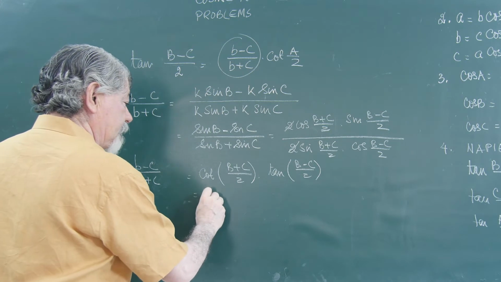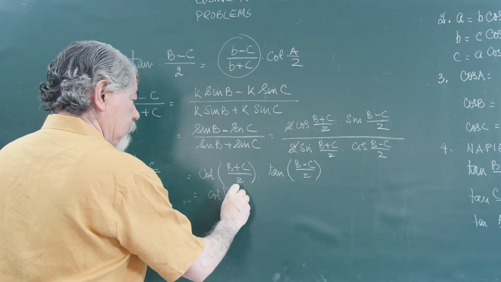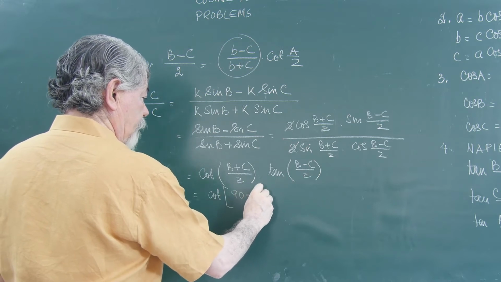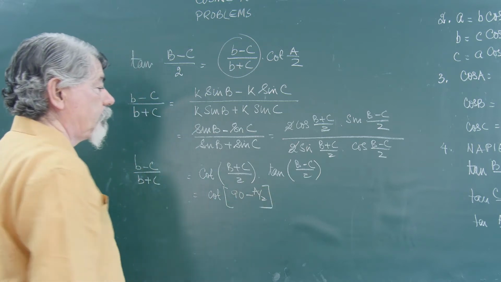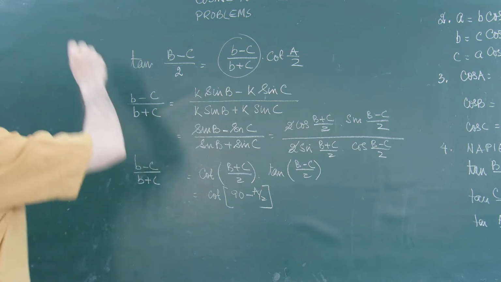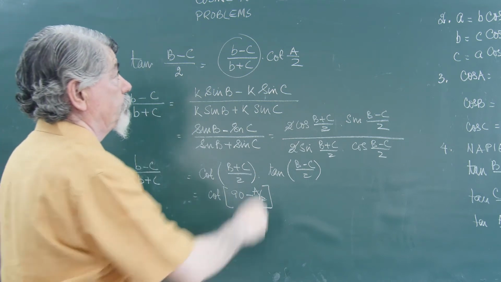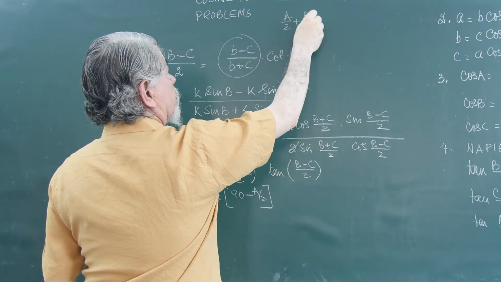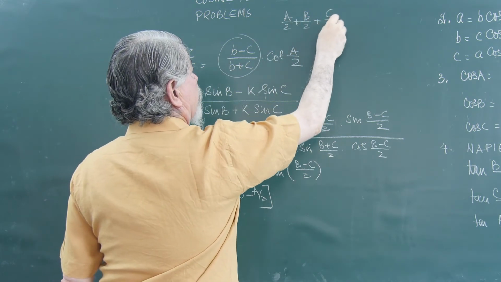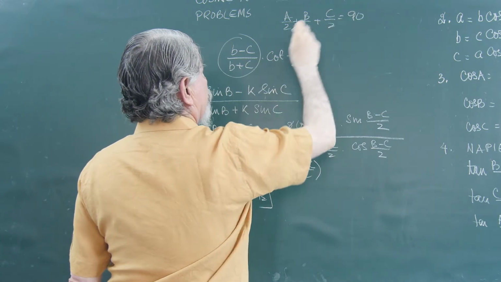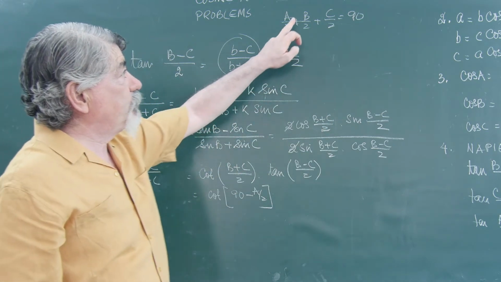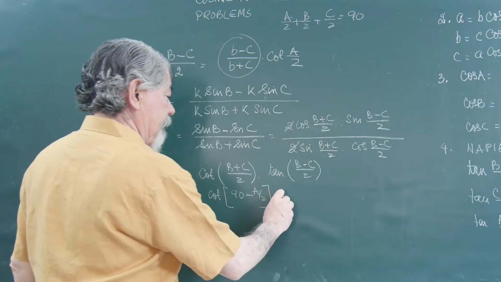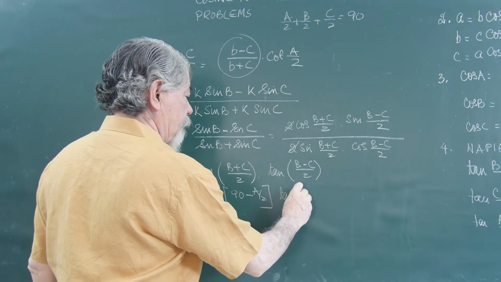So I can write this as cot of 90 minus A upon 2, because A by 2 plus B by 2 plus C by 2 will be equal to 90. So B by 2 plus C by 2 will become 90 minus A upon 2. So I can replace it: tan (B minus C)/2 upon 2.